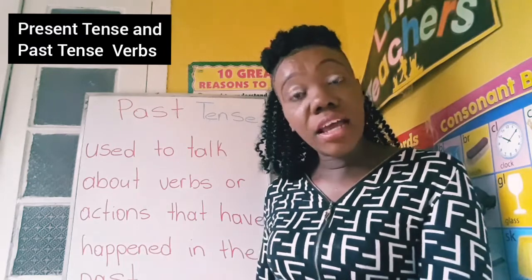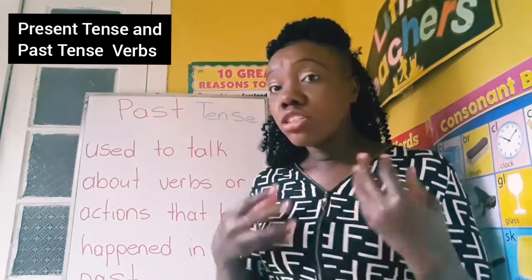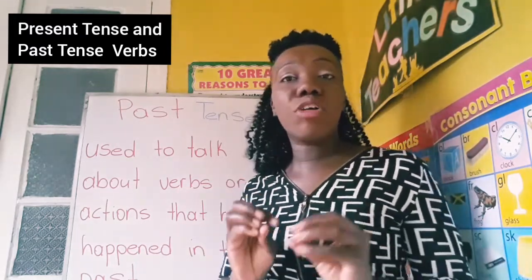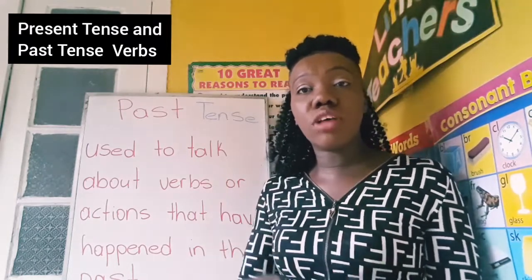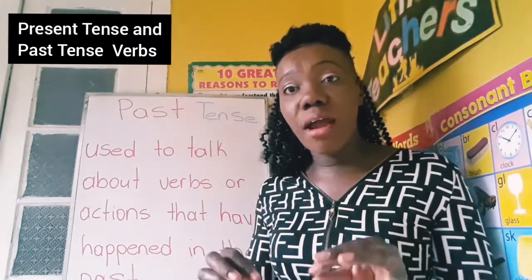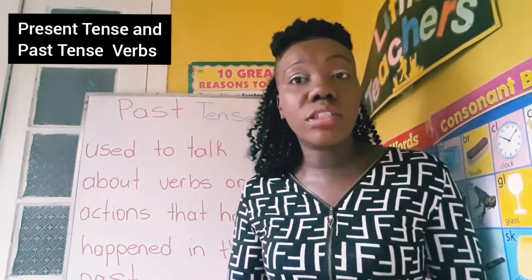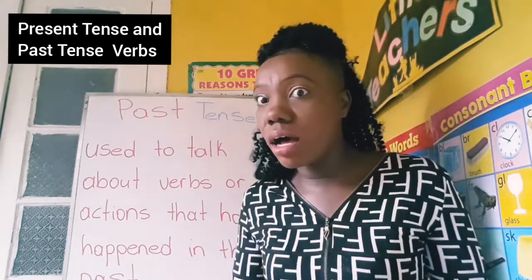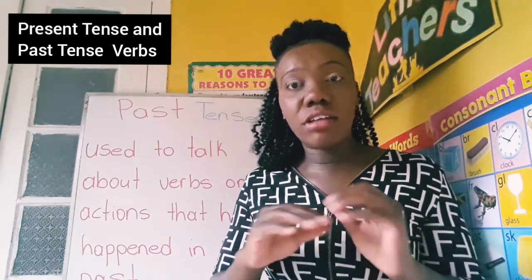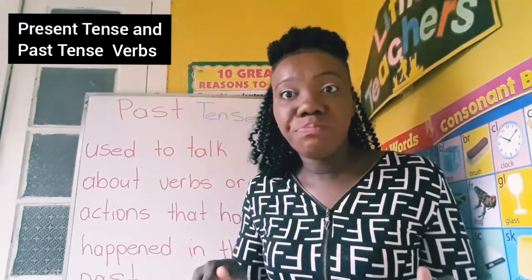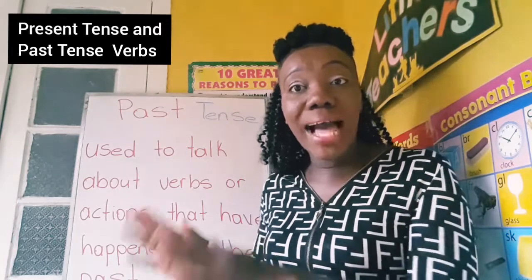It happened already. So today, boys and girls, I am going to be introducing you to some verbs that we use in present tense and how they look in past tense. Because some verbs are spelled differently when we're using them in past tense.